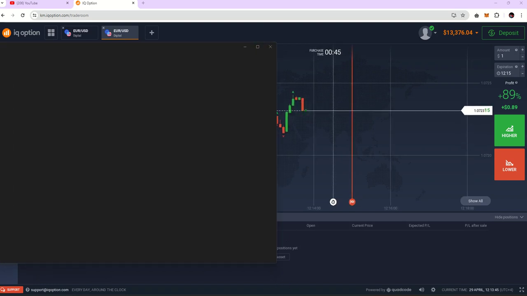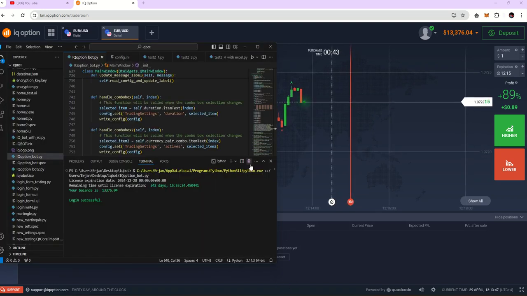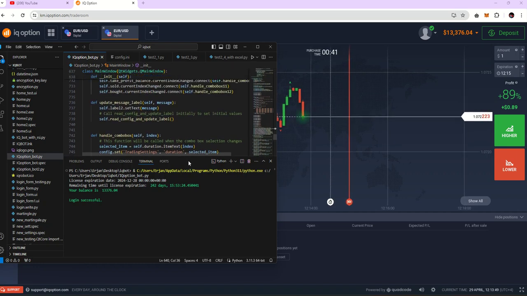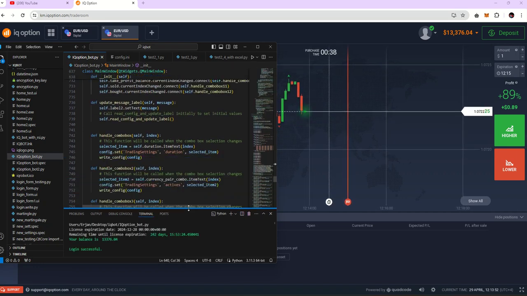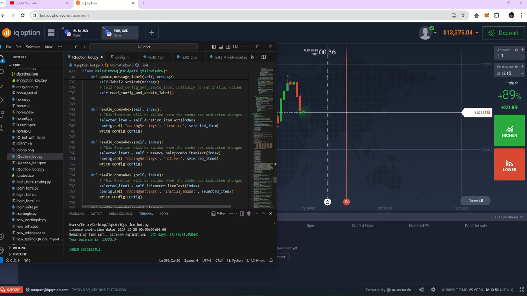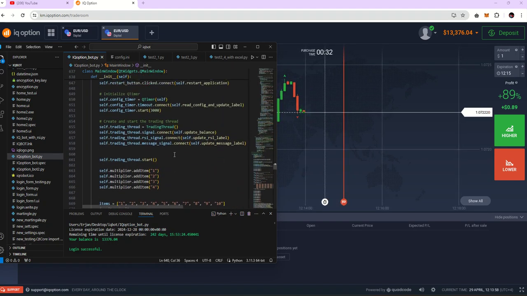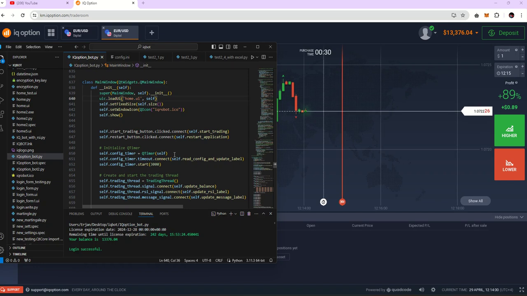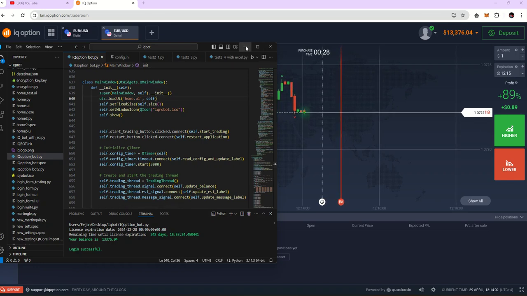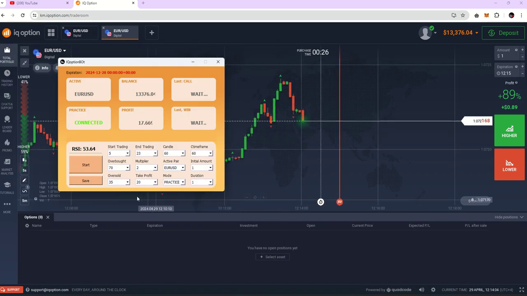So this is the code. This is the coding that I wrote. Don't worry, there's no virus, nothing whatsoever on the screen. I just want to share this with everyone.